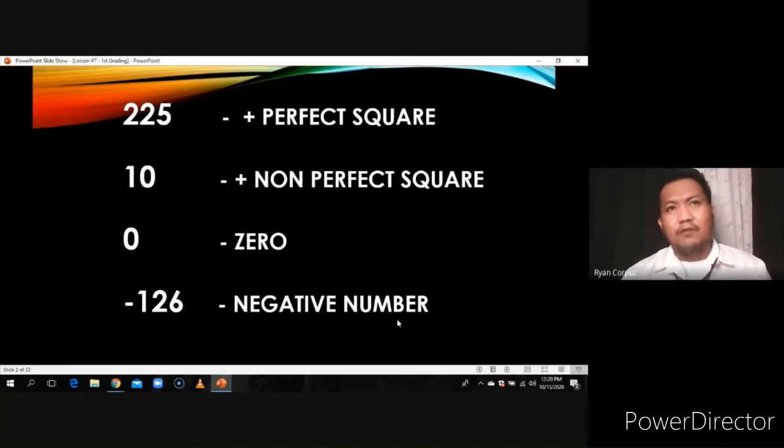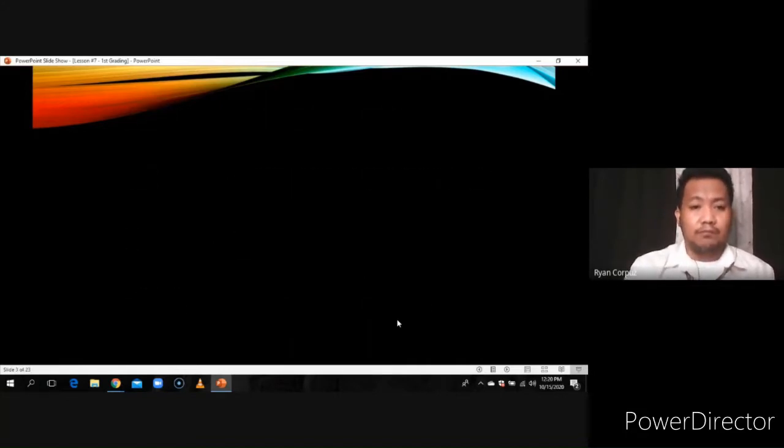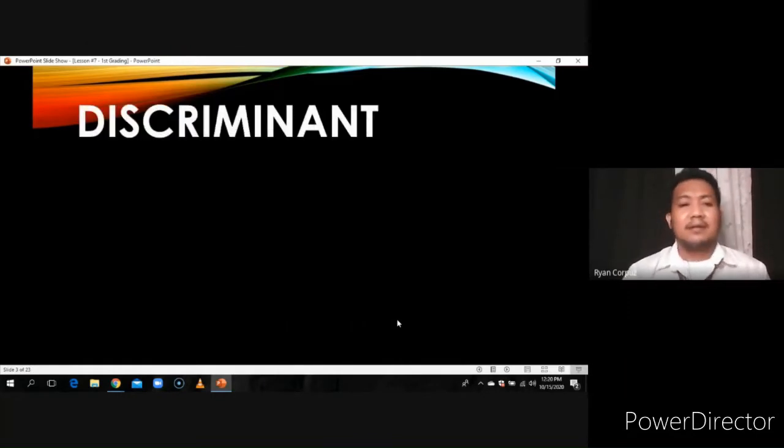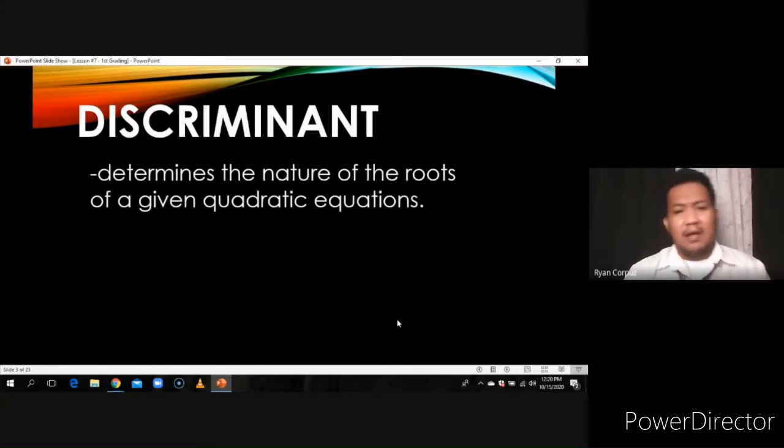In order for us to find the nature of the roots of a given quadratic equation, all we have to do is use what we call the discriminant. What is this discriminant that we are pertaining to? The discriminant determines the nature of the roots of a given quadratic equation.